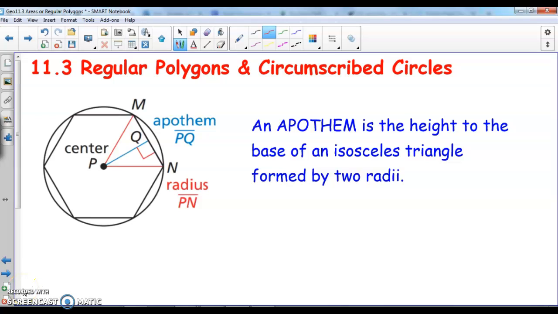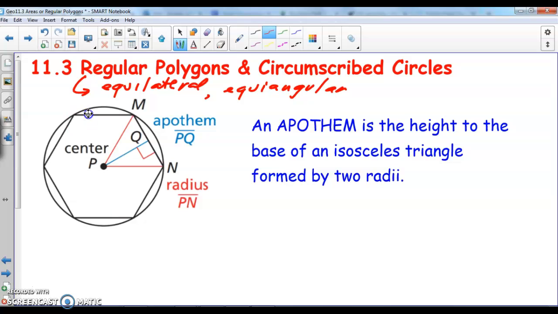So now let's learn more about regular polygons. Again, we said last time that a regular polygon is a polygon that is both equilateral and equiangular. In this example, we have a hexagon.